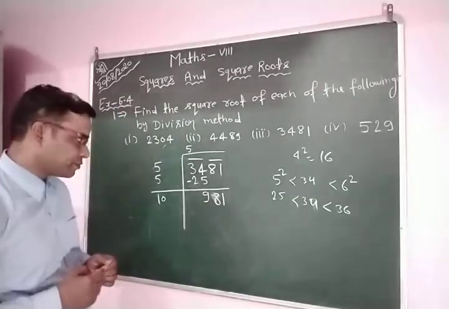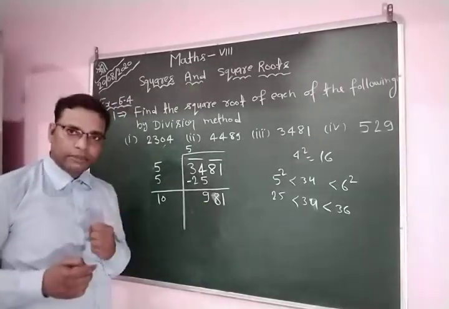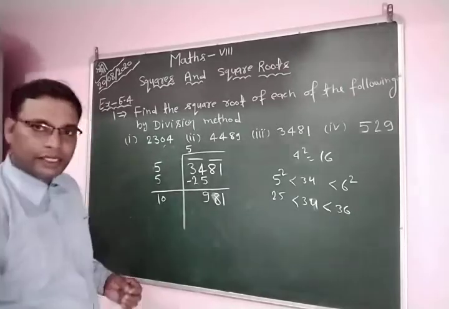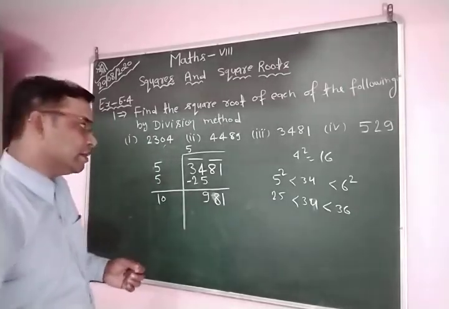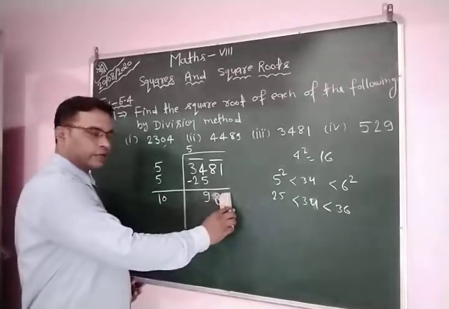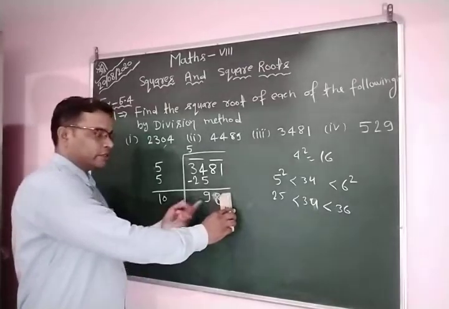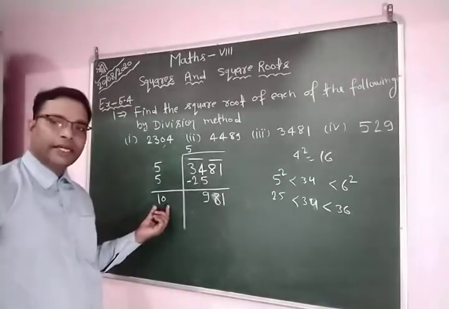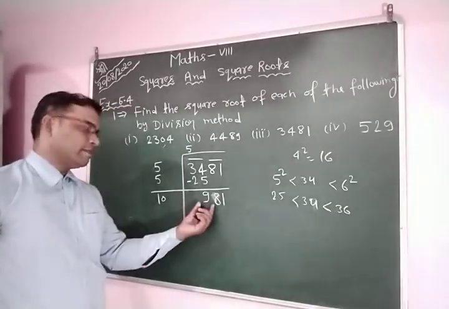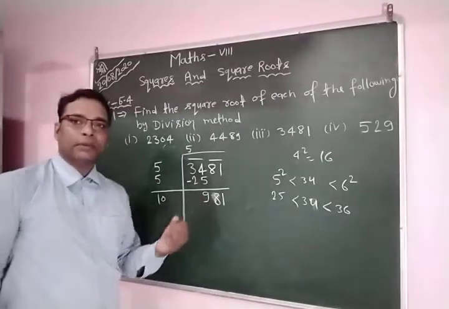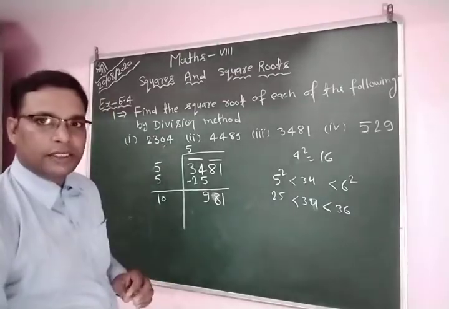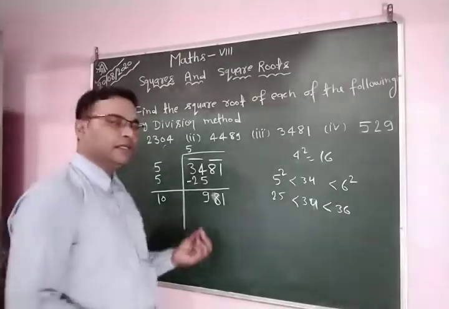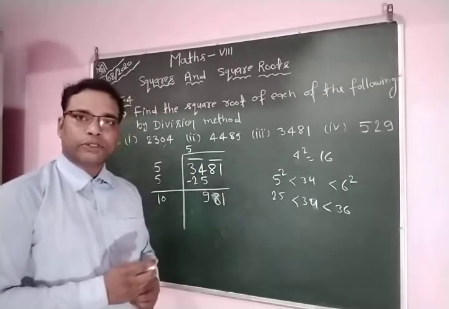For this, how do we select these numbers? We hide the unit digit, the one's place digit. So you can see 98. If you divide 98 by 10, then we obtain a quotient of 9.